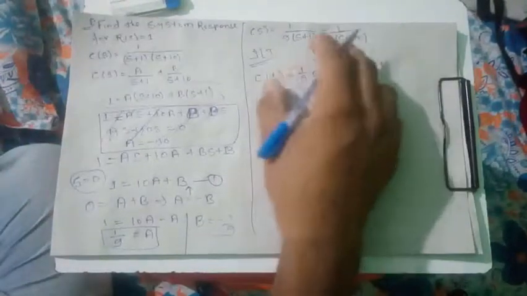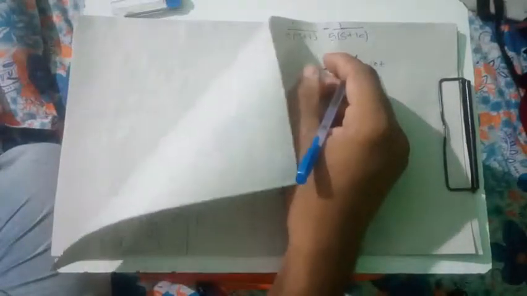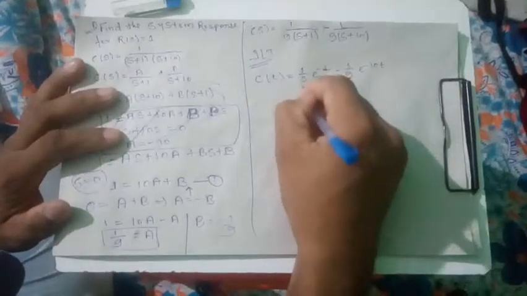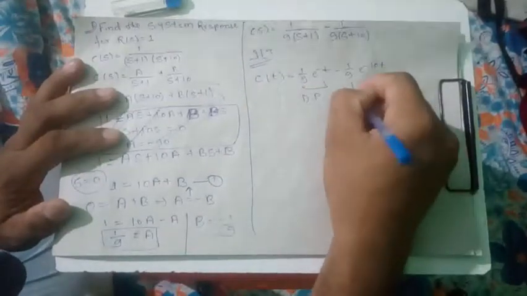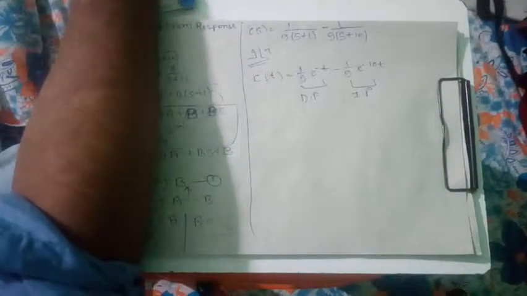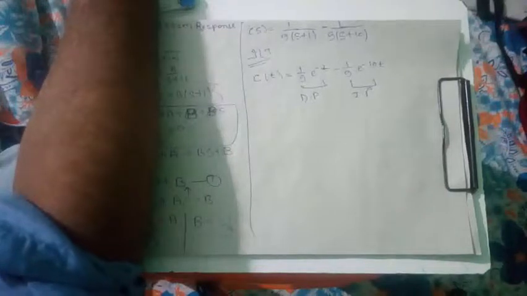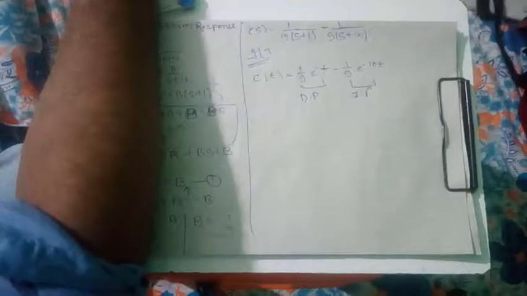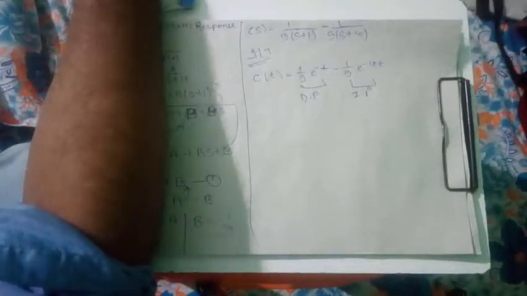So there are two terms. One is the dominant pole response and the other is the insignificant pole response. Insignificant poles give a very fast response, but the dominant pole, which lies close to the imaginary axis, determines the stability of the system. We already know that from the previous lecture: the insignificant pole is neglected, because it does not much affect the system response.